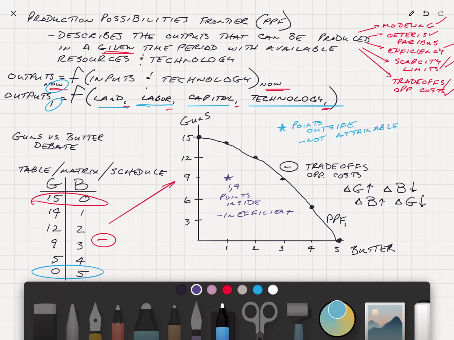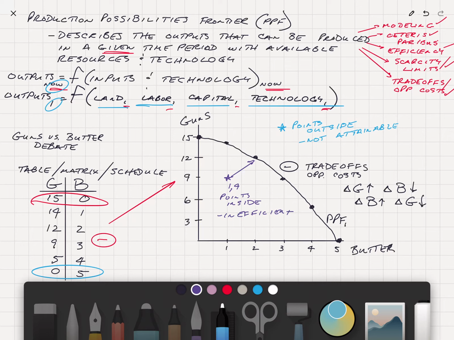Because you could get more of both if you simply did it right. Specifically, this is going to be technical inefficiency. You can get more output if you better utilize your resources. So now we've got points outside, points inside, and points along the curve.